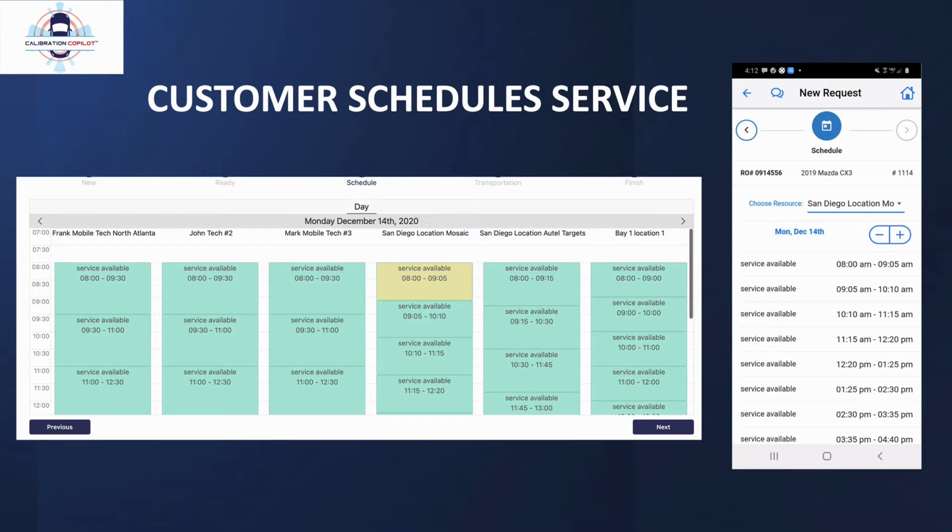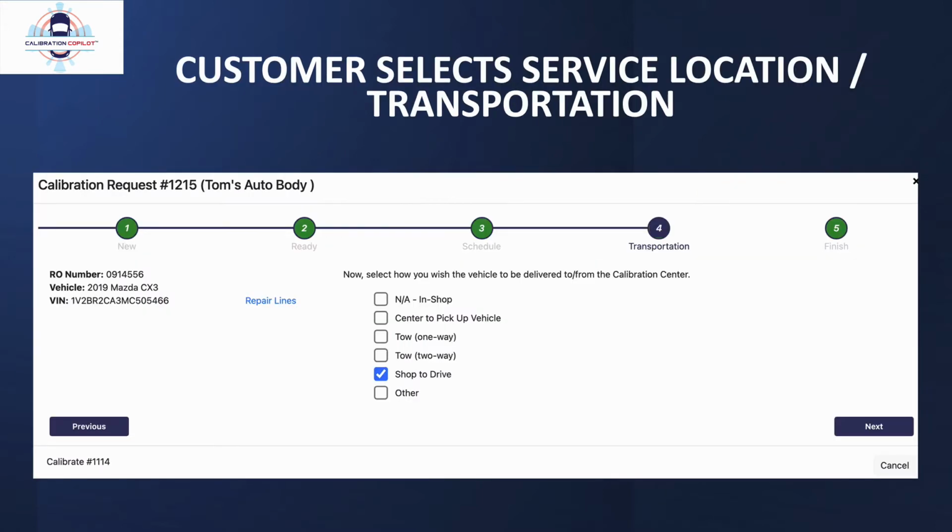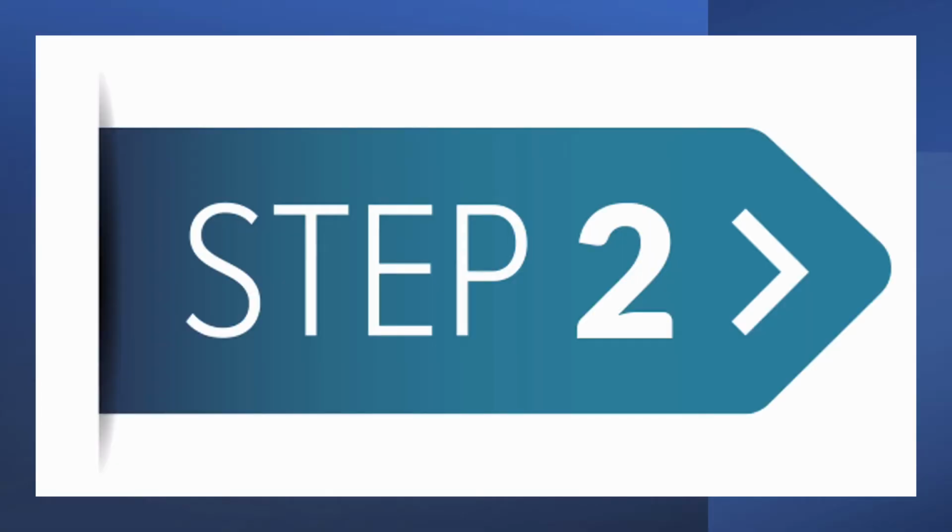Once they've selected the time they want to bring the vehicle to you or have the service done, the last step for them is to inform you where the service will be performed. Once again, you as the service provider create this checklist. Once they've selected Next, they've completed their process. So it's that simple for your customer to request a service from you.